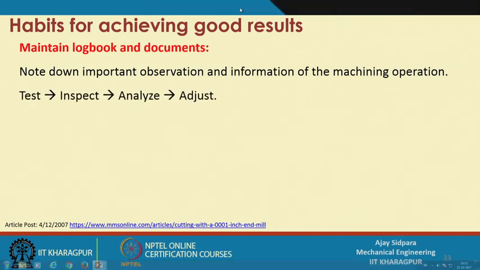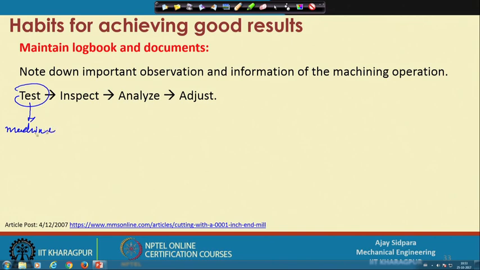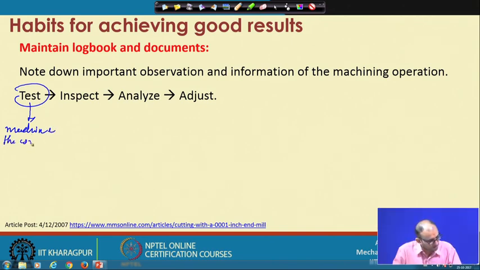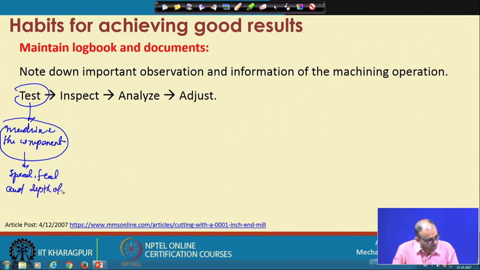Now, how it will work: first you test the component, that means you machine the component. You do machining, find out what are those speed, feed and depth of cut settings.